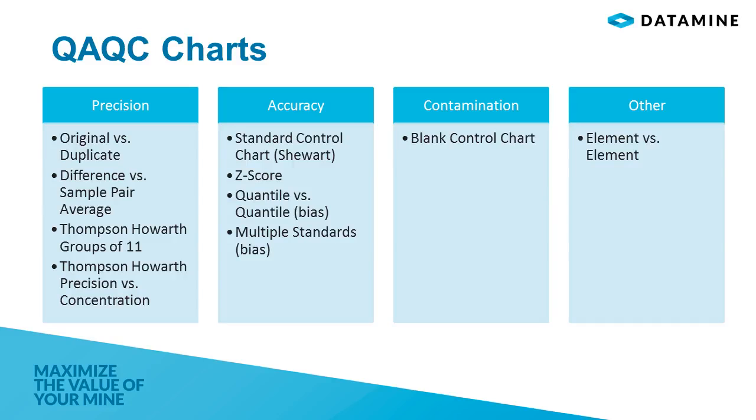At a high level, we can group the charts into buckets. Some charts are specific to monitoring precision. Some are specific to monitoring accuracy or contamination. And then we have a suite of other charts that have to do with your sampling information and making sense of what you've got in your database.